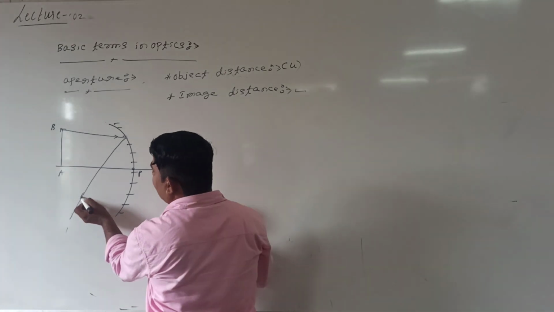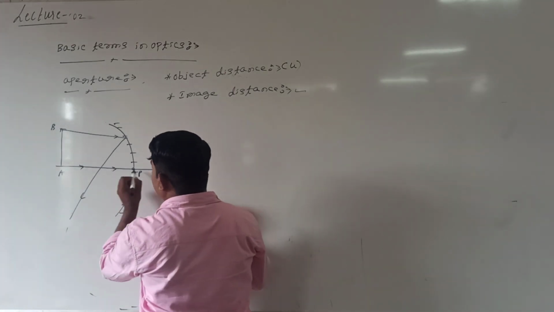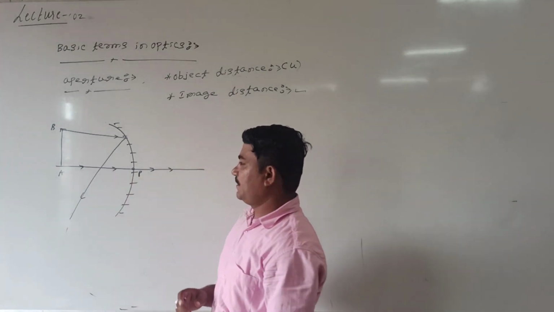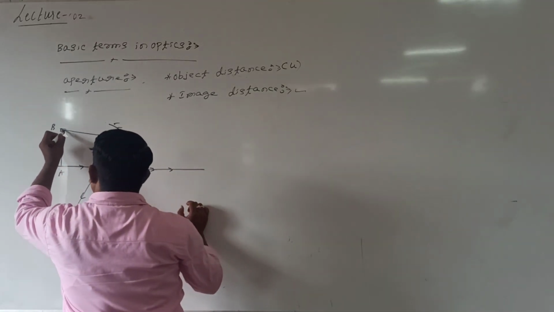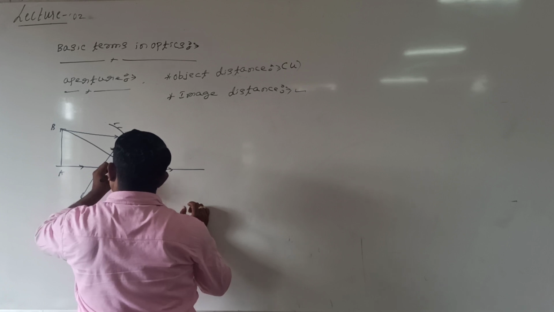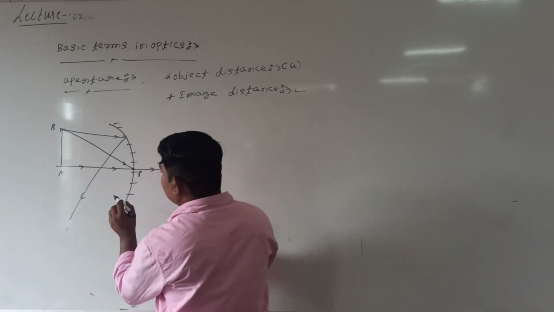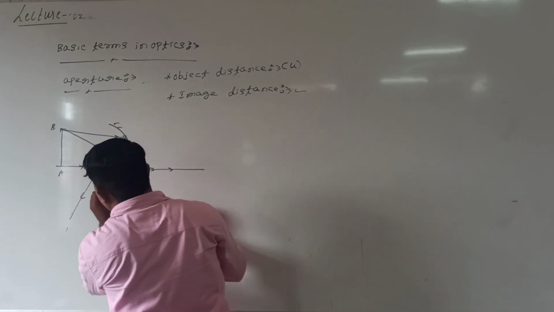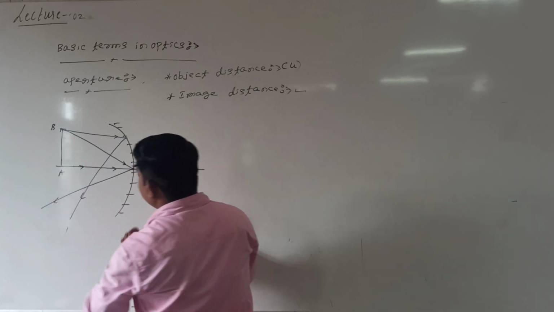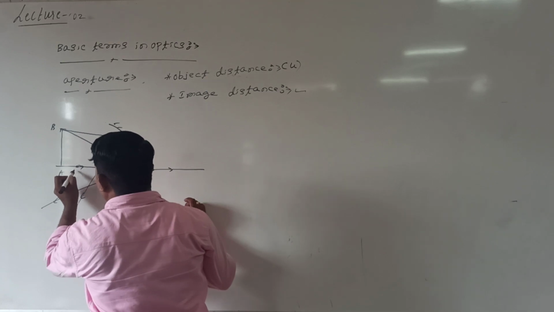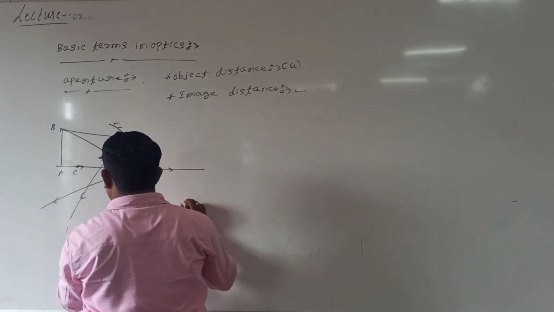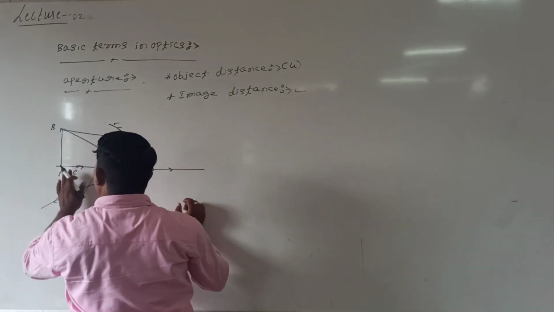Now one ray of light is passing through the principal axis. Let us take one more ray of light incident at the principal focus. After incident, the ray of light reflects like this. Now this is the center of curvature C. Let us take one more ray of light passing through the center of curvature.